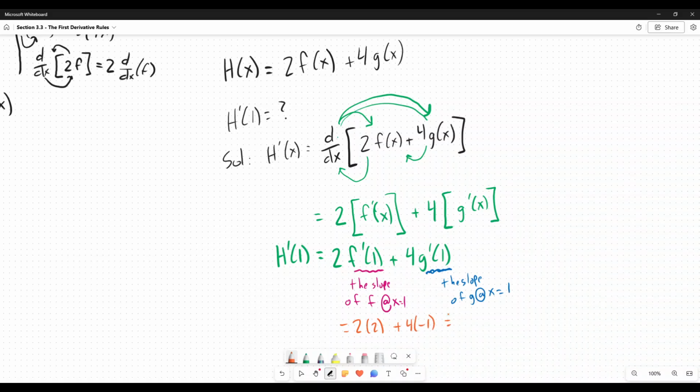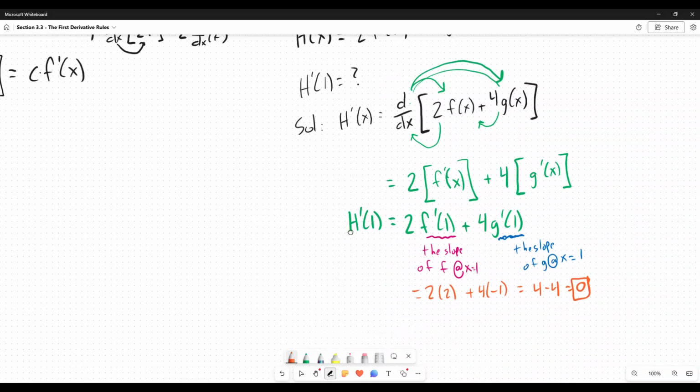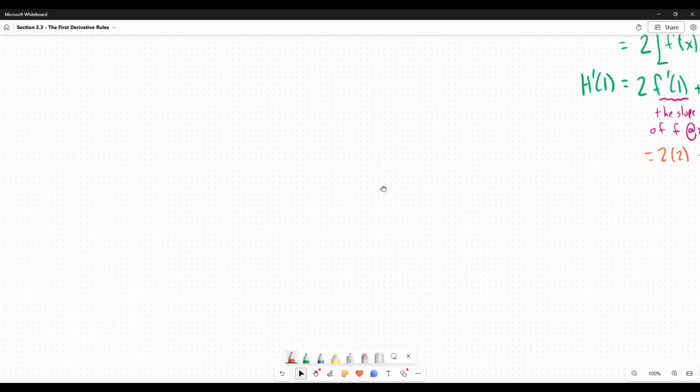Now we're just plugging in numbers. 4 minus 4. I found that h prime of 1 equals 0. And again, because h is built with these simpler functions f and g, and because I know the rules that relate simpler functions to their derivatives, I can find that example. And there's a couple other interesting examples that use this rule.